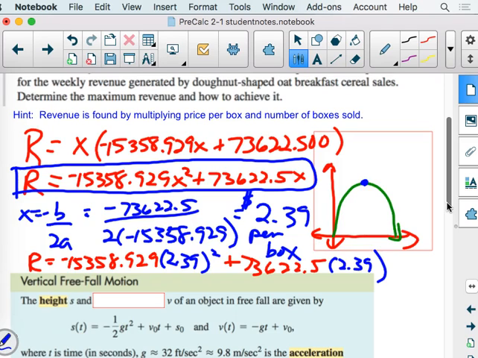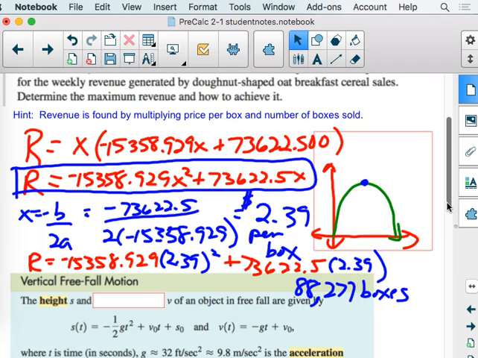How many boxes? 88,227 boxes. Plugging that in. Sorry.